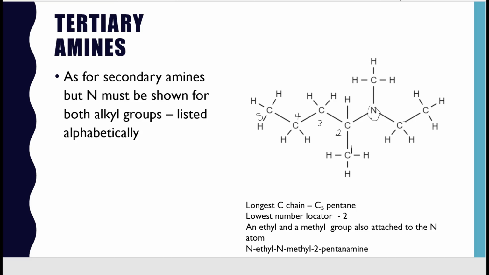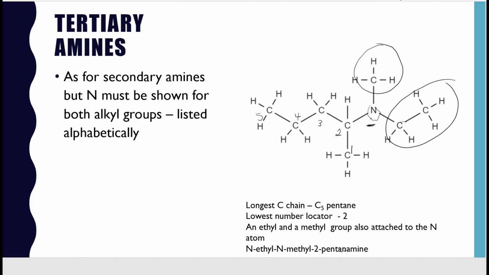And now our naming system, we have a methyl group off here and an ethyl group off here, and they are both attached to that nitrogen. So that being the case, we need to name them both as N-methyl and N-ethyl, and as per our naming conventions, we name alphabetically. So in this case, it is N-ethyl, N-methyl, pentan-2-amine.